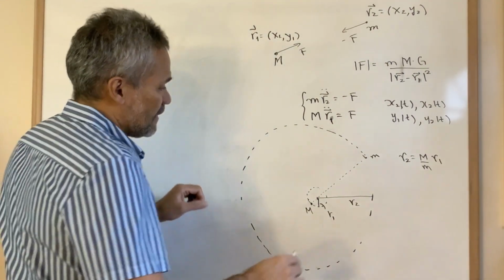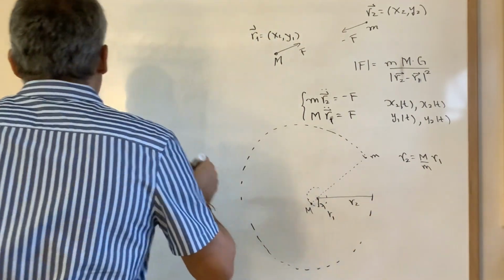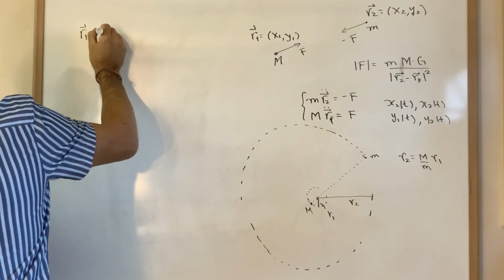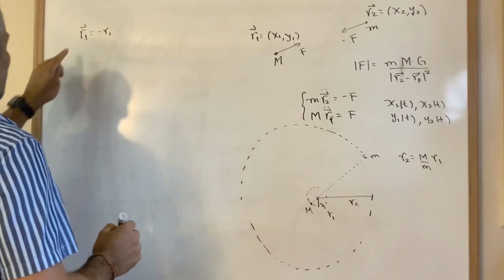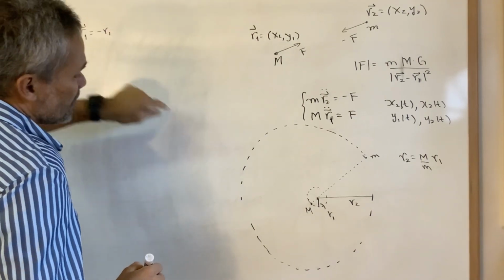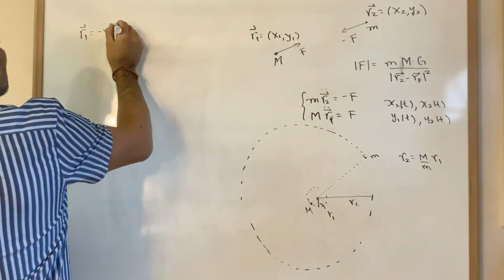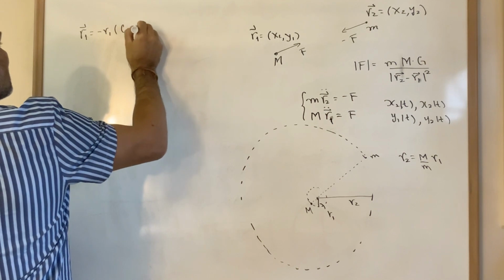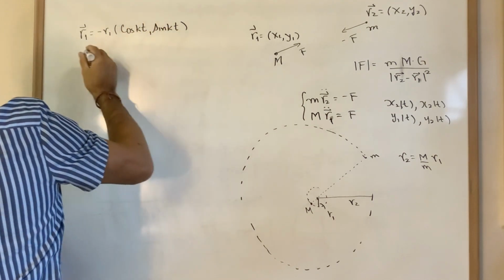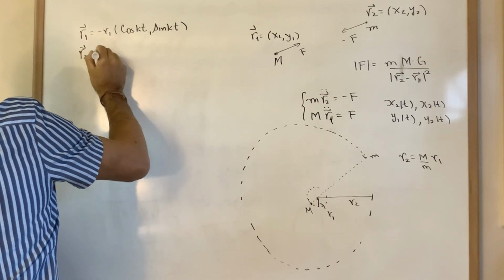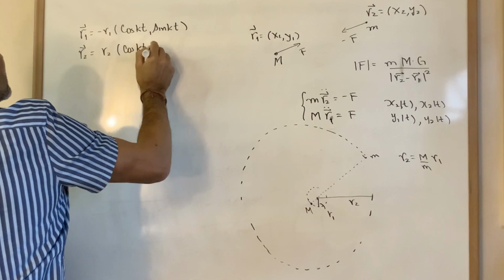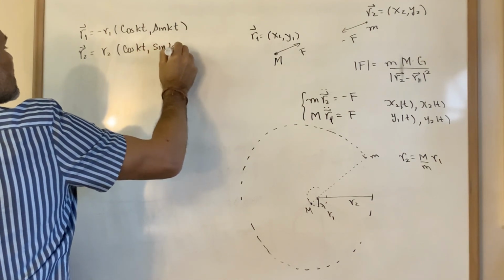More concretely, we can say that vector R1 is equal to negative R1. That is, R1 is a vector, and little R1 without the vector is just the number, the radius. Cosine of kt, sine of kt, and R2 is R2 cosine of kt, sine of kt.